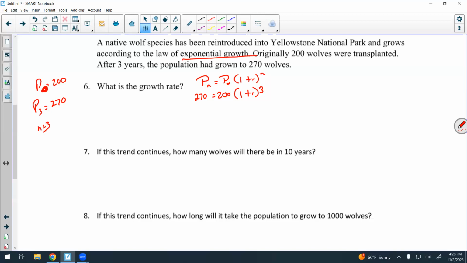Note I said divide, not subtract. Subtraction is for linear. Division is for exponential. I don't know how many people have subtracted instead of divided, and believe me, the answer gets a lot messier. So now I have something cubed, so I need to take the cube root of it, which will give me 1 plus r. But if I take the cube root of this side, I have to take the cube root of this side. Only fair, right?